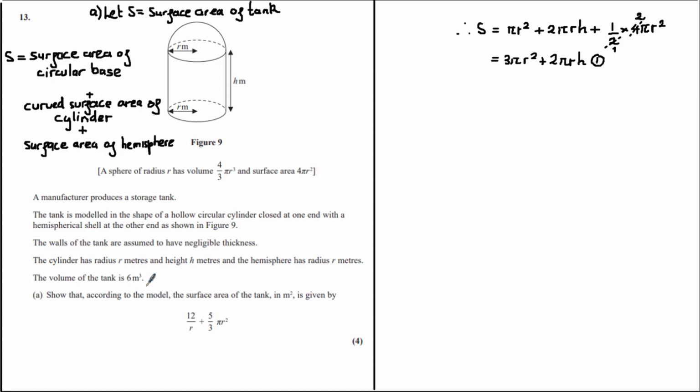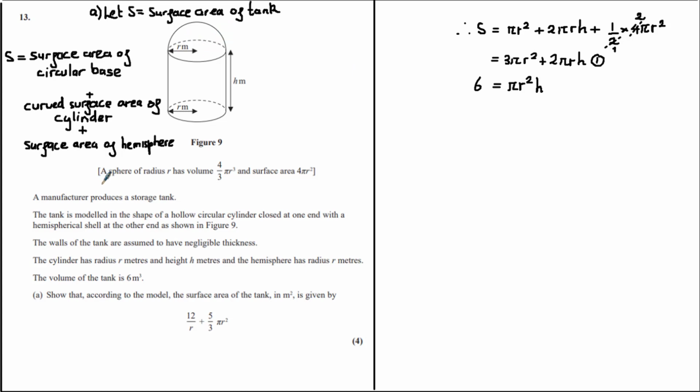As we know the volume of the tank is 6 meters cubed, we can say that 6 is equal to the volume of the cylinder, as it's got a radius of r and a height of h. Therefore, the volume of the cylinder would be pi r squared h, plus the volume of the hemisphere, which is half the volume of a sphere.